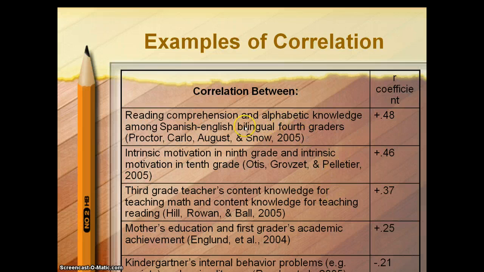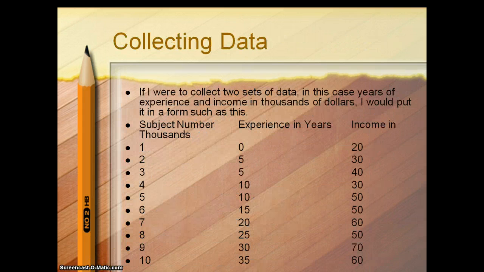Several other examples: reading comprehension, these are all positive correlations. Kindergartners' internalizing behavior problems and literacy, negative correlations. What I want you to notice about these, though, is we've not gotten into the important component of significant relationships. I want to show you an example of that in just a minute.